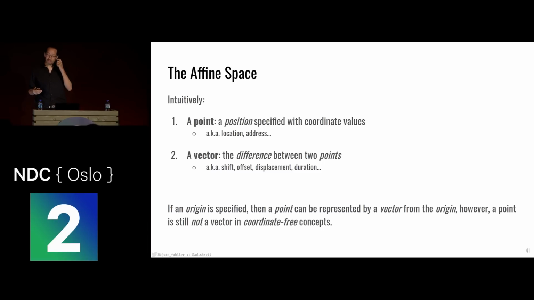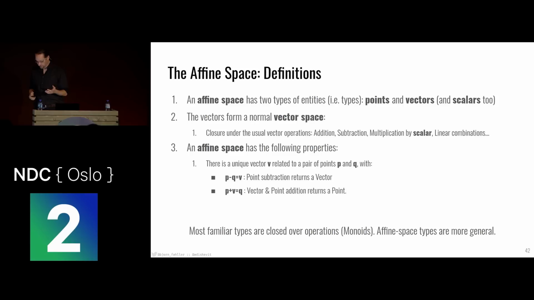Now, I mentioned that the internal representation may change. So we might think of a point as implemented internally as some kind of origin plus an offset. However, even though we have this internal representation, it doesn't mean that a point is a vector. It's a totally distinct type, and it defines totally different behaviors.